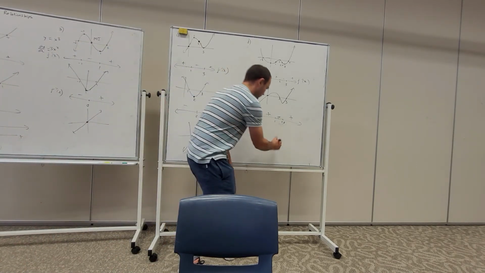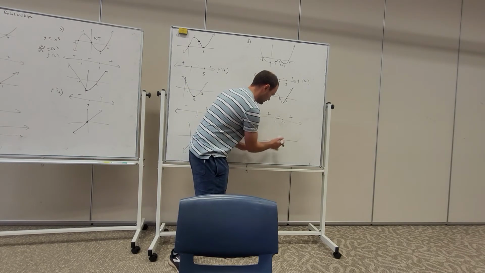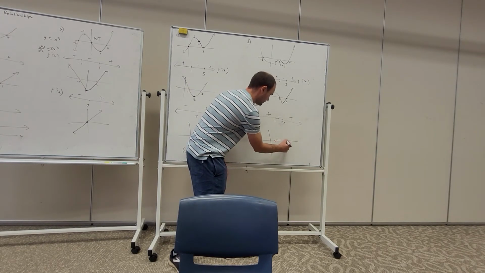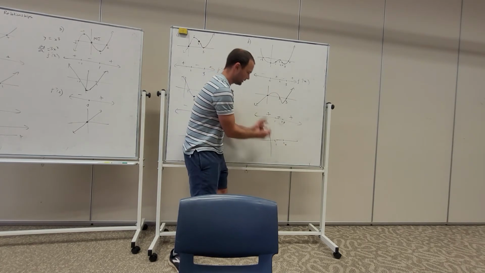All right, and then the graph of that is the y-axis, 1, 2.5, and it's above, below, above.